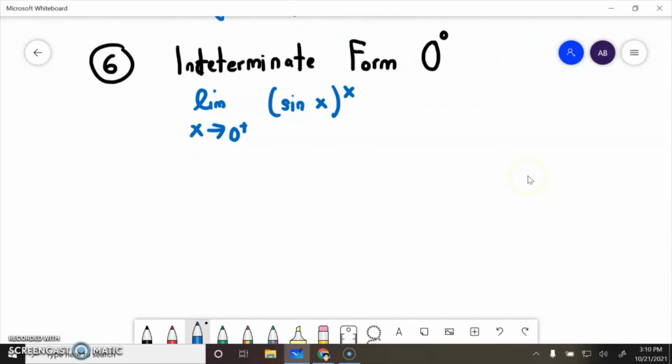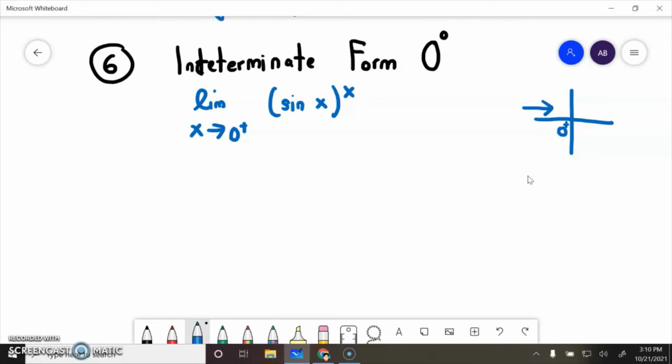Similar to the case just now, if you look at that, when I apply x approaching 0 from my right side, you have positive here, right?